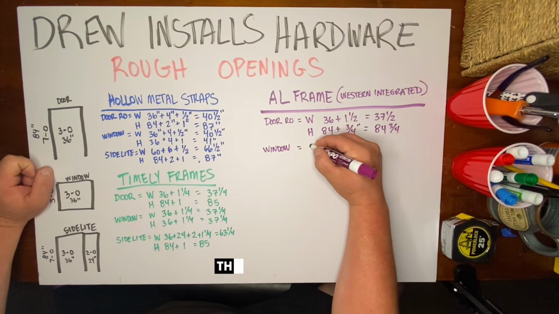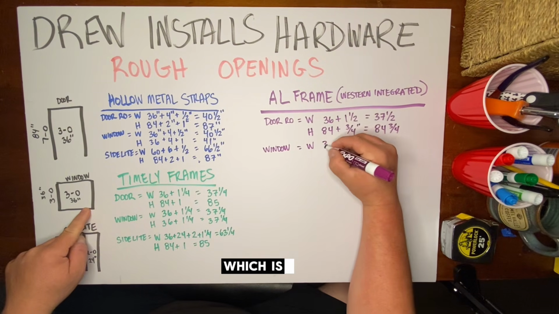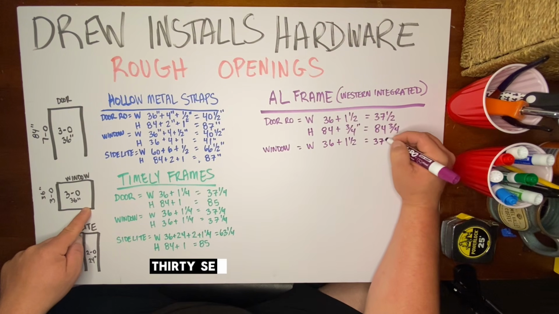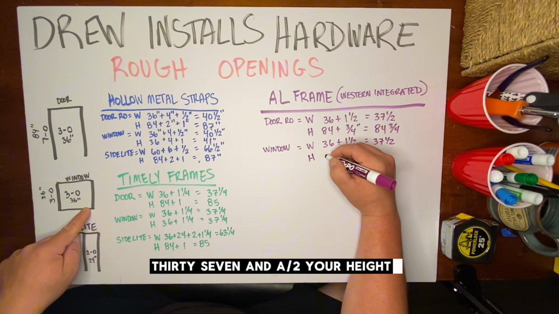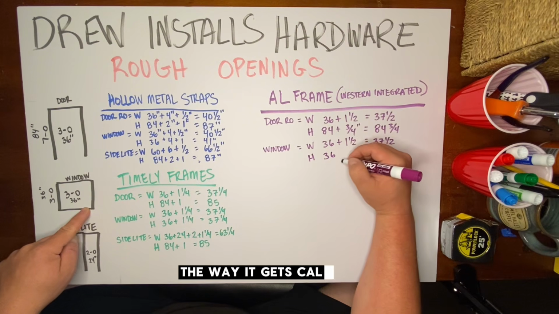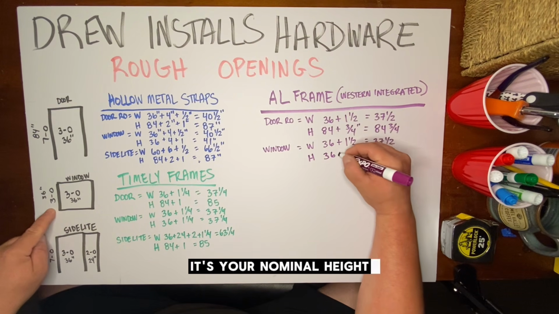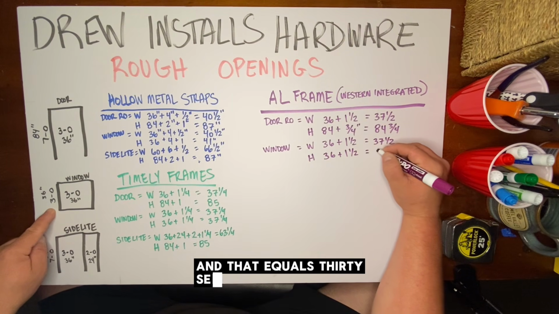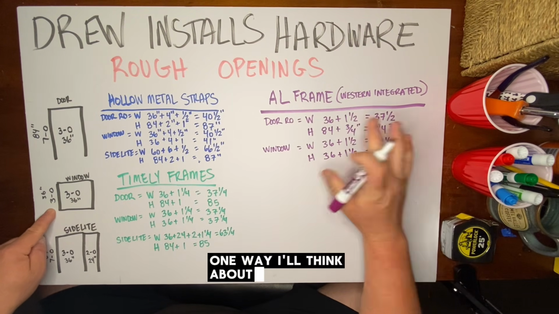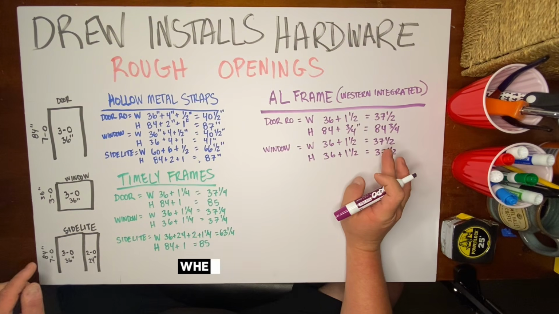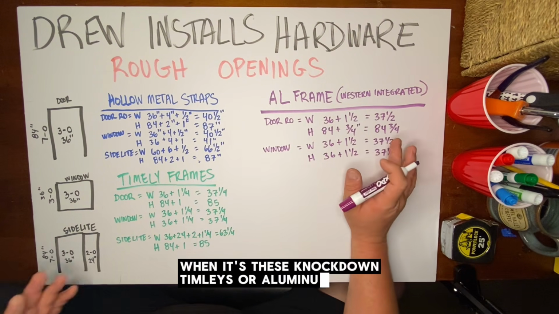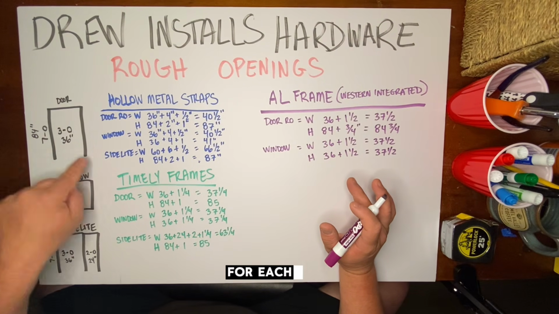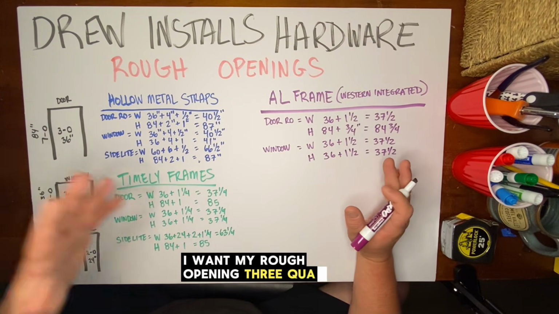For a window, the width is your nominal width, which is 36, plus an inch and a half, equals 37 and a half. Your height is calculated the same way: your nominal height plus again an inch and a half, and that equals 37 and a half. One way I'll think about it with a lot of these, when they're knockdown Timely's or aluminums as a general thing, is that for each piece, I want my rough opening 3/4 of an inch bigger.